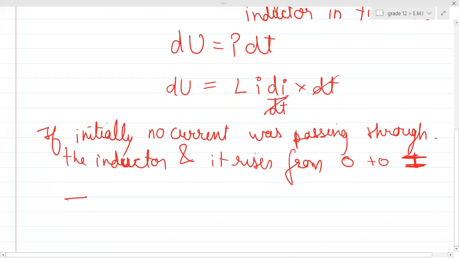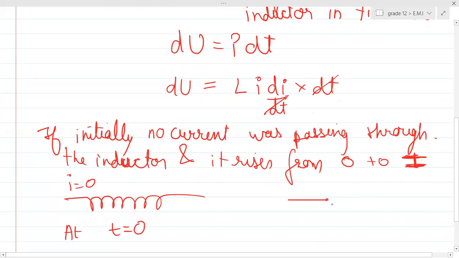Initially no current, and finally the current has increased to I after a certain time.